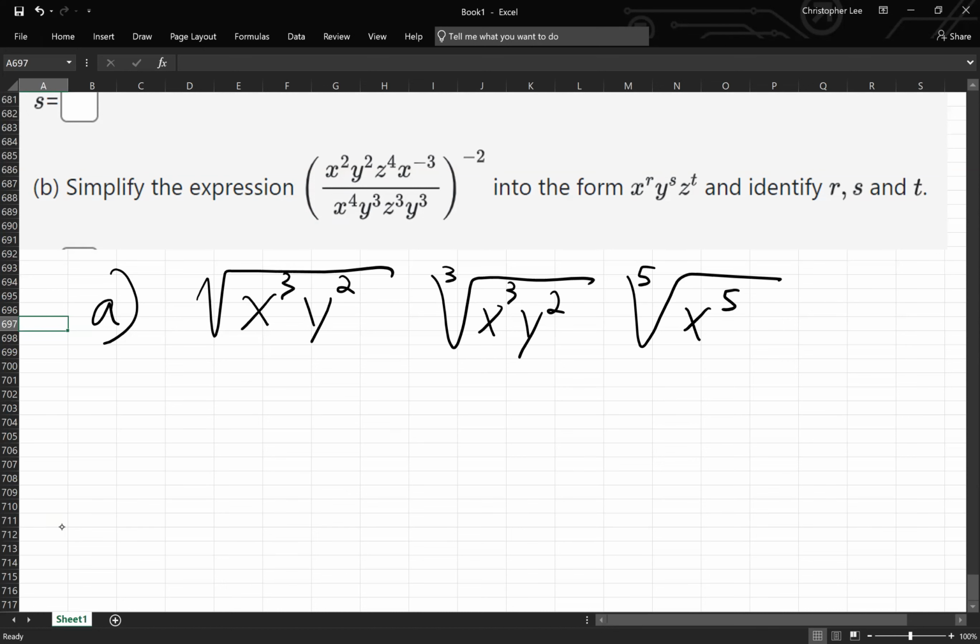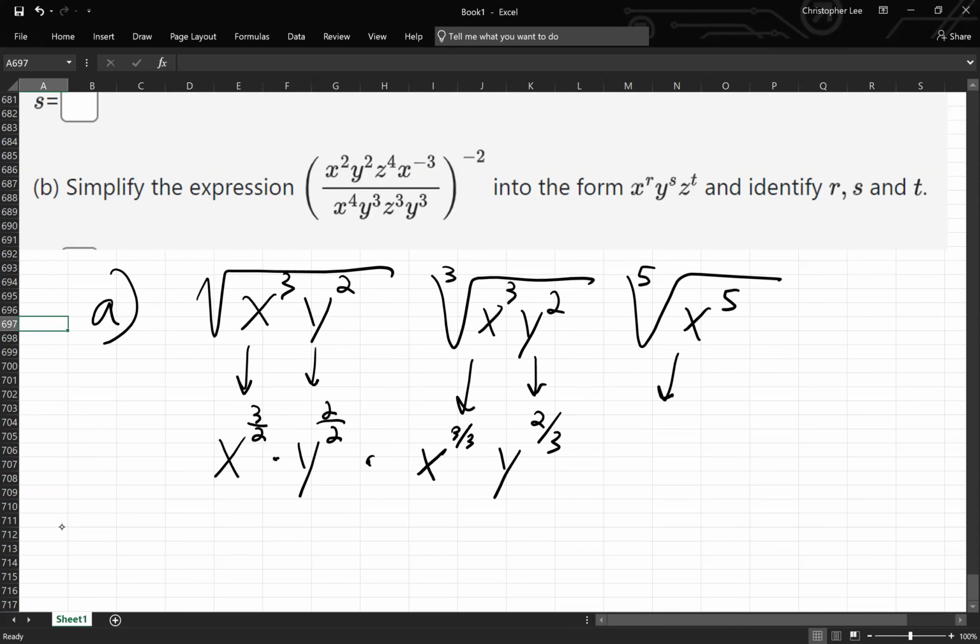Looking at the first one, this should become what? X to the 3 over 2 times y to the 2 over 2. Down here, this should be x to the 3 over 3, y to the 2 over 3.